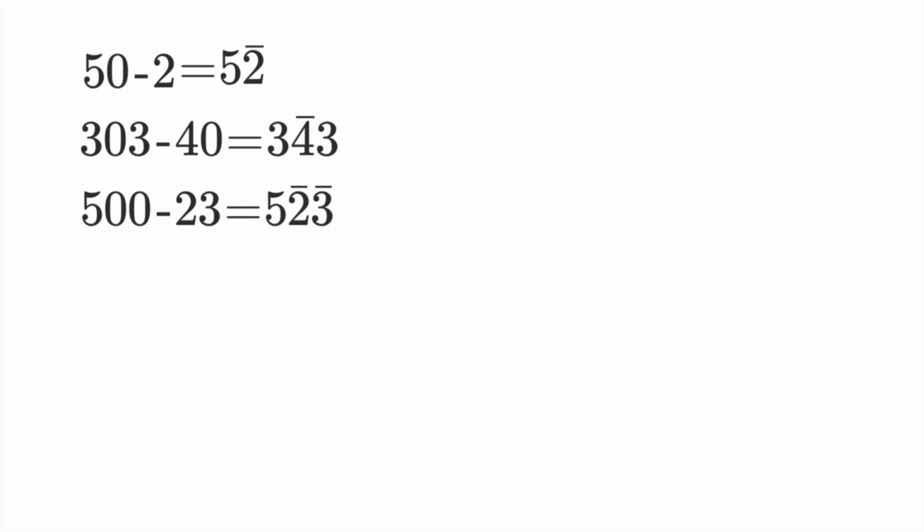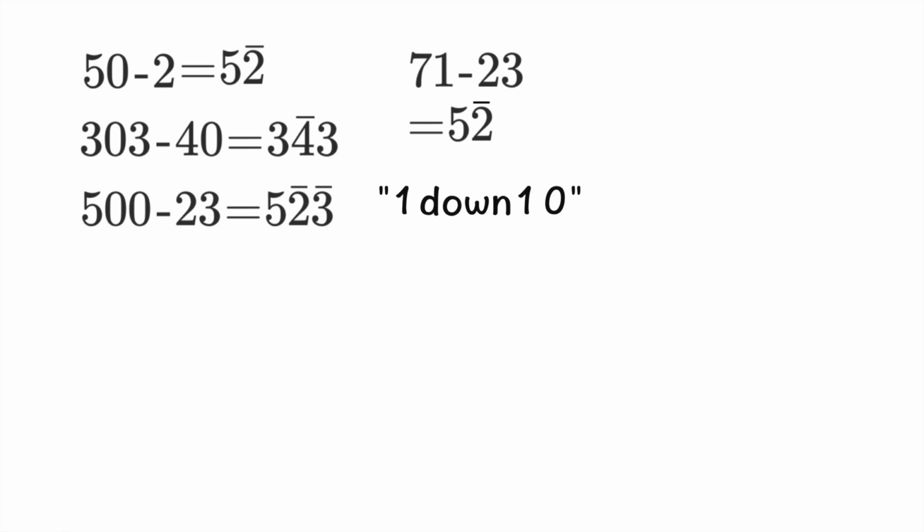Okay, now let's do this subtraction digit by digit, like 7 minus 2, 1 minus 3. It's 50 minus 2. If you cannot do this in mind, don't worry. Just do 1 down 10, like 5 minus 1 and plus 10, 10 minus 2.